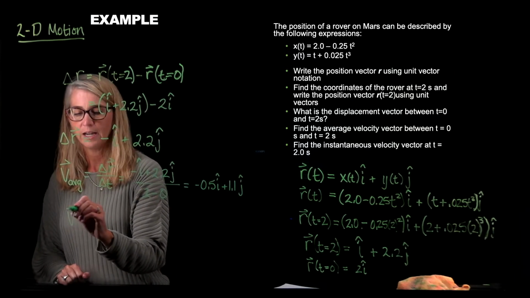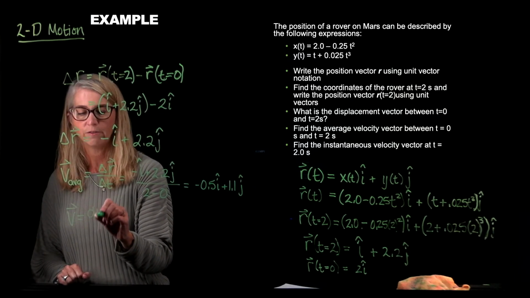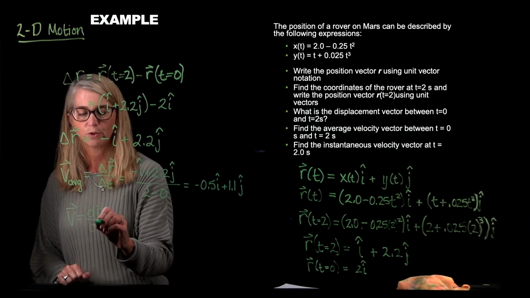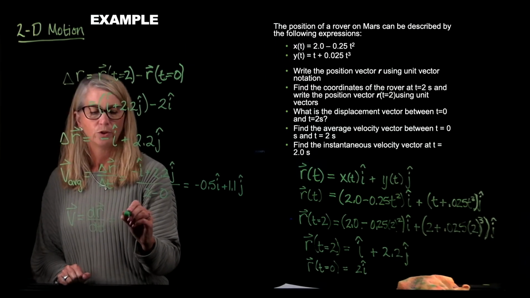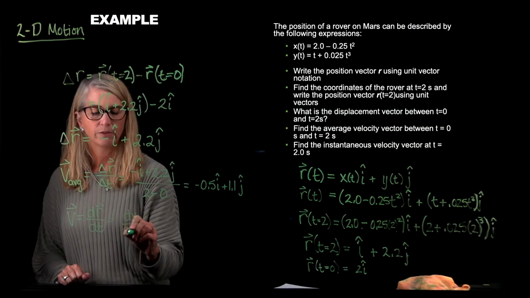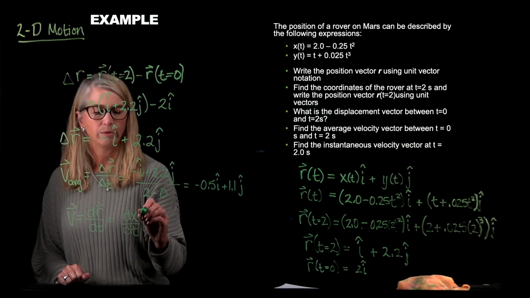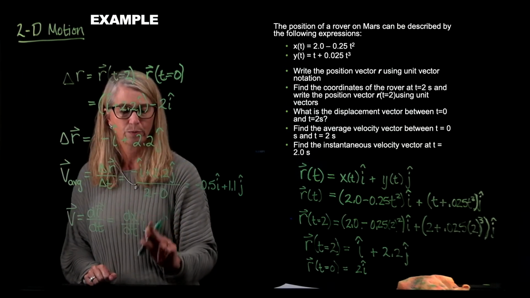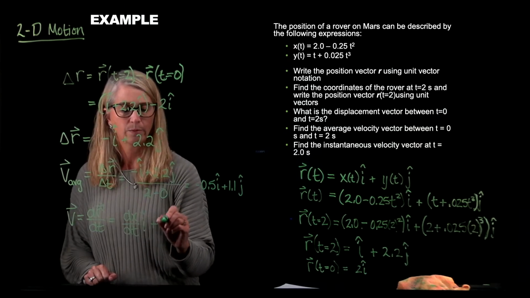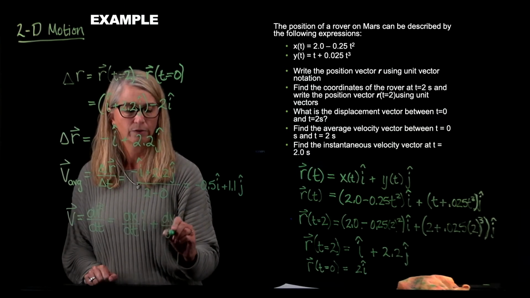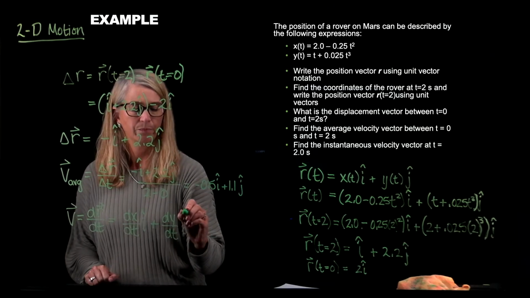Remember that instantaneous velocity is just the derivative of position with respect to time, which means that for the x component, I would be taking the derivative of x with respect to time, and for the y component, the derivative of y with respect to time.